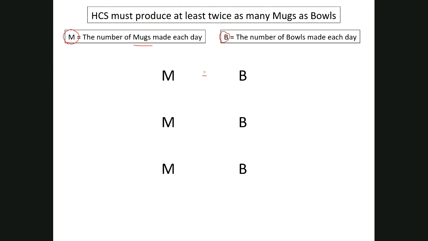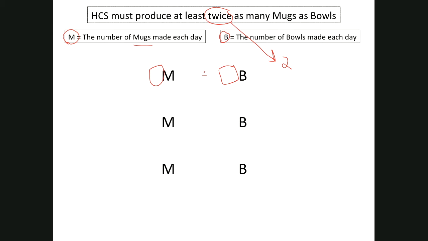But then the question becomes, what do we do with this twice? I know in your mind that indicates somewhere in this inequality there has to be a 2. And where does that 2 go? Does the 2 go in front of the b, or does it go in front of the m? Your intuition will tell you, and in this case, in almost every case, your intuition is going to be wrong, so be careful.